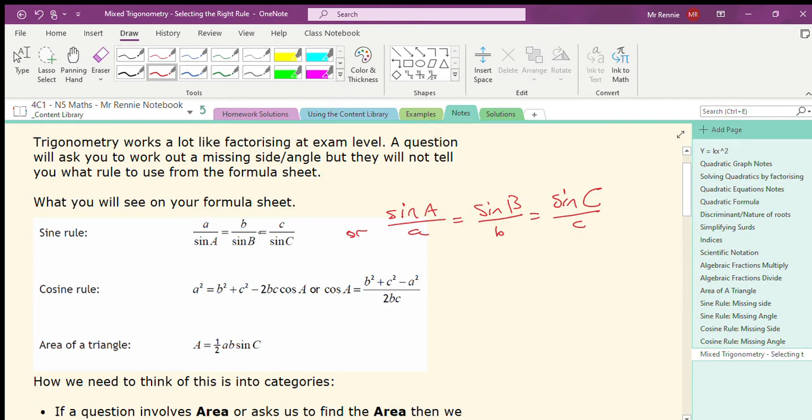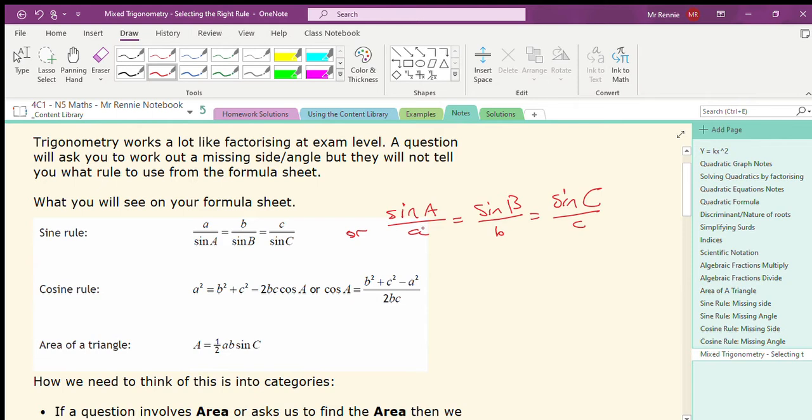So this one you would use for finding a length because the lengths are on top, the lowercase letters. You would flip them all over and use this one to work out a missing angle because the capital letters are on the top. However, they wouldn't write that on the formula sheet. You just need to know that you can flip this one to get that one there.